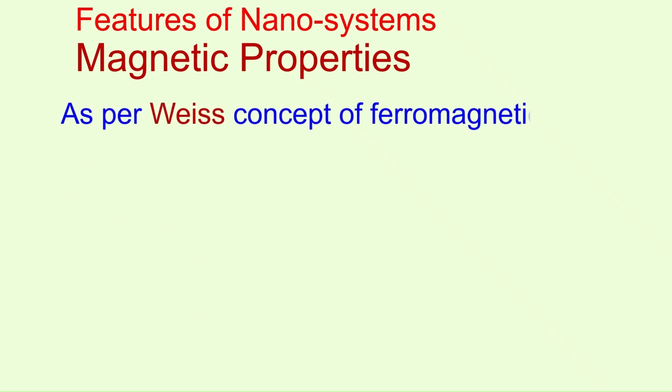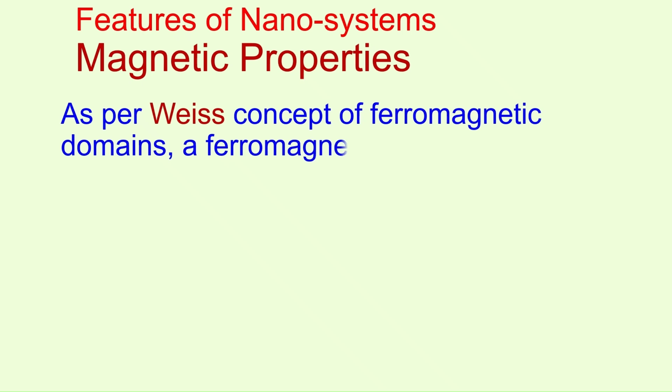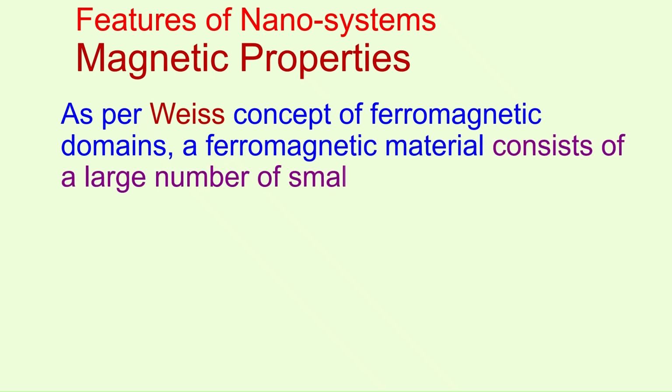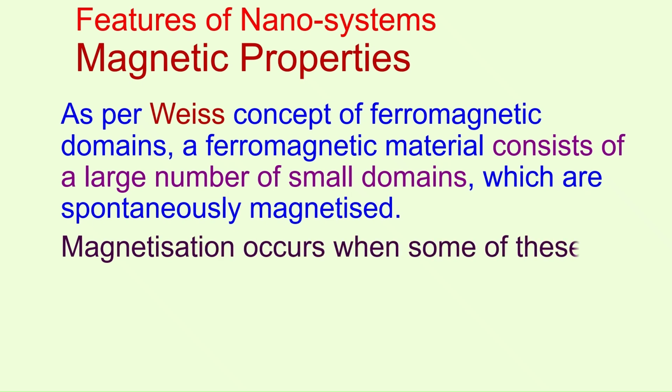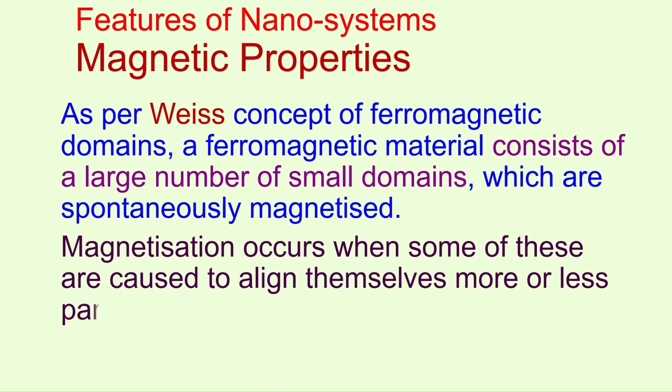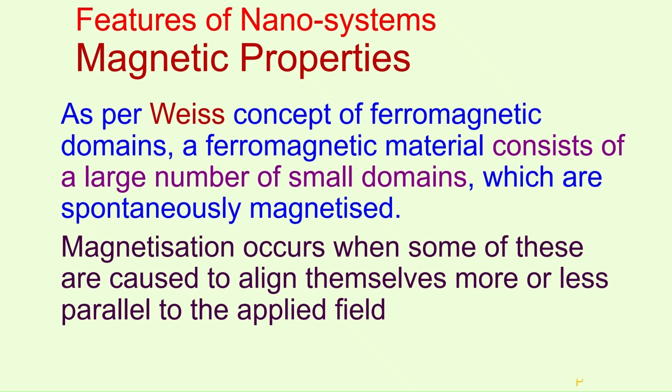As per Weiss concept of ferromagnetic domains, a ferromagnetic material consists of a large number of small domains, which are spontaneously magnetized. Magnetization occurs when some of these are caused to align themselves more or less parallel to the applied field.